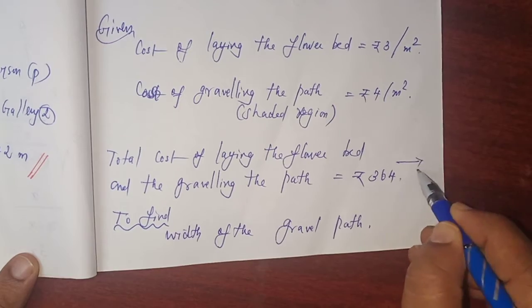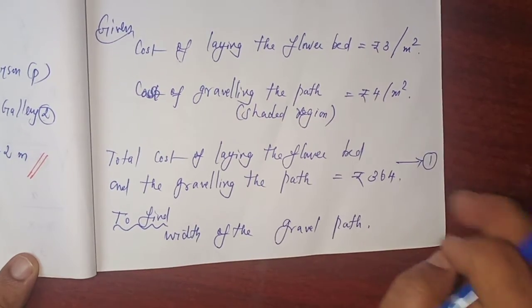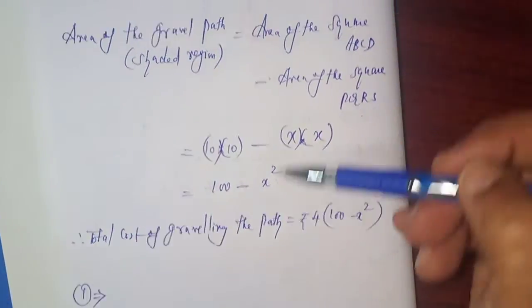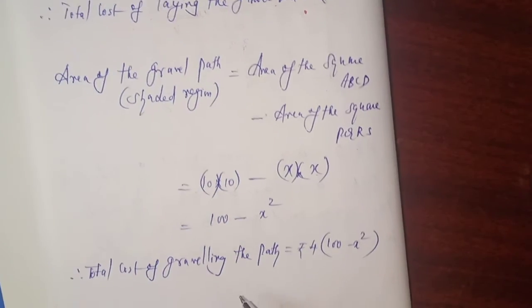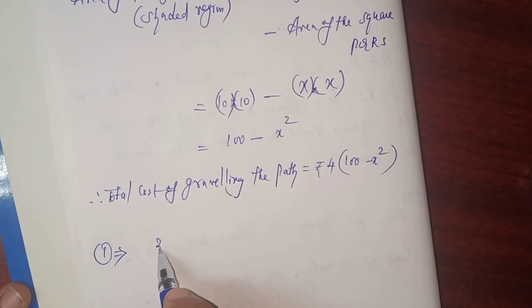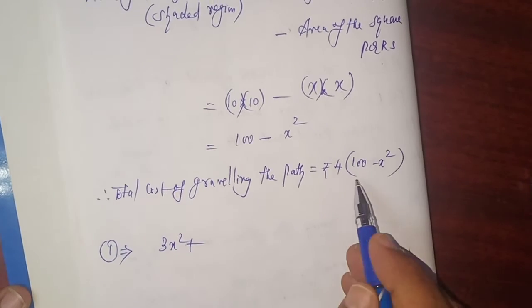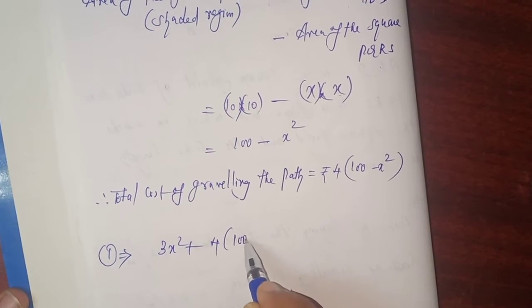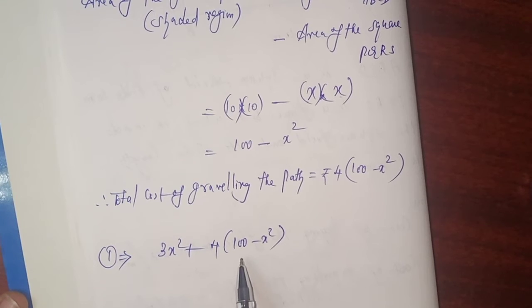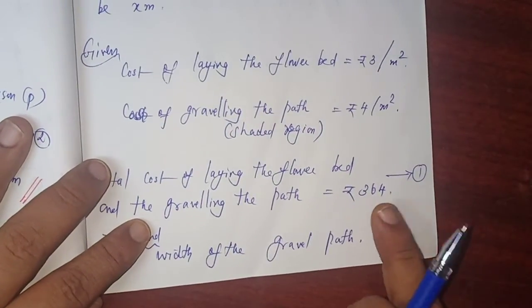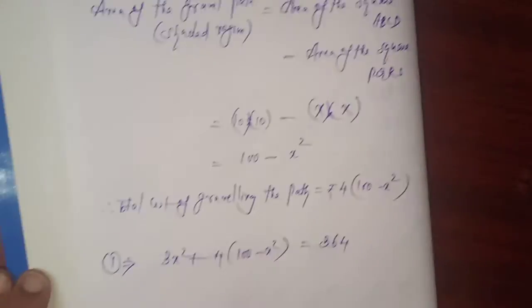I consider this as equation number 1. Therefore, equation 1 implies both the total costs to be added. So 3x squared, this is for laying the flower bed, and 4 into 100 minus x squared, this is for graveling the path. Together 364. Correct? We have to simplify now.